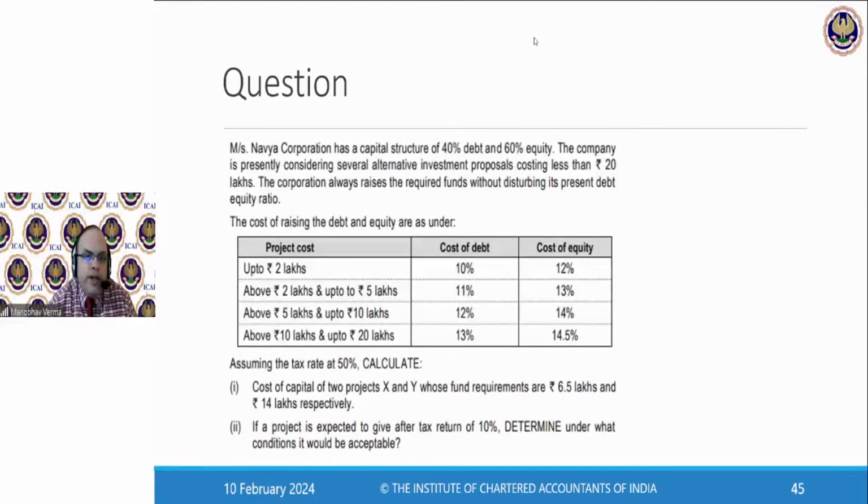So they're giving you different aspects here. Now, my point here is we are looking at two projects which may fall under different ranges. You guys can see here that in this case, X falls under the third slab and project Y falls under the fourth slab. I hope everyone agrees with me on this.